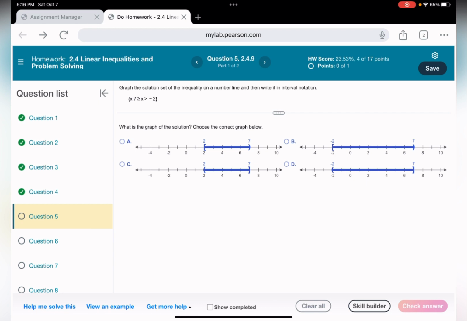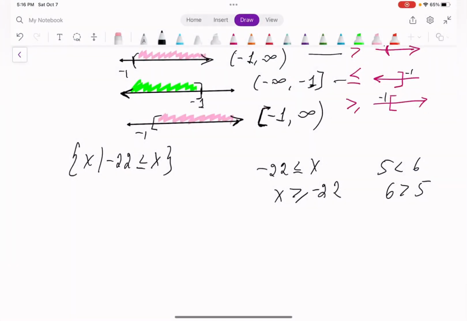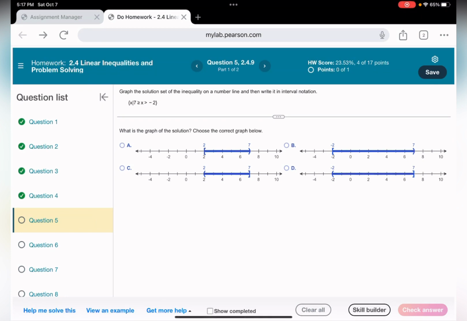X is, now this is, x is greater equal 7, but greater than negative 2. Let me write it down. No, only less. Negative 2. Let me double check. Yes.